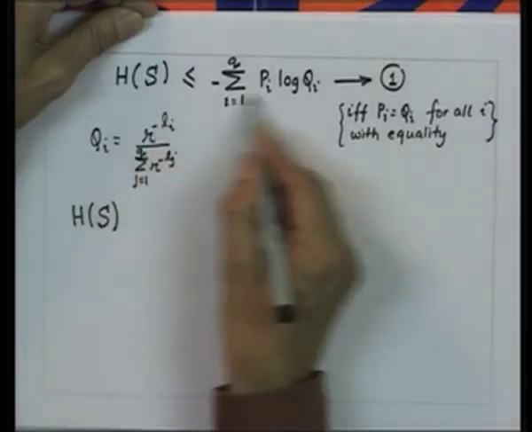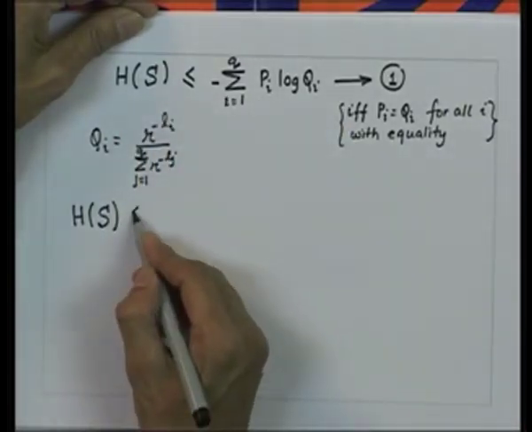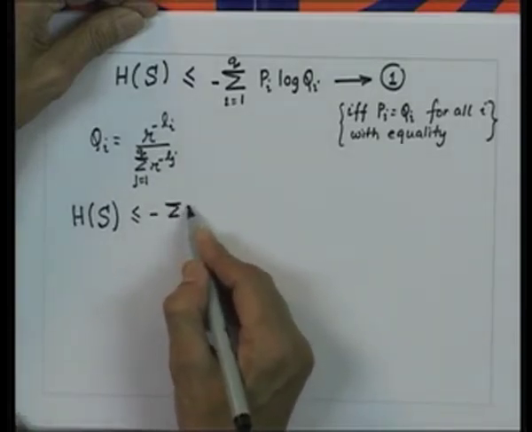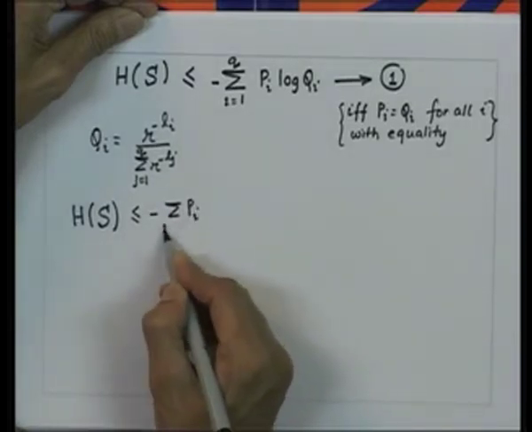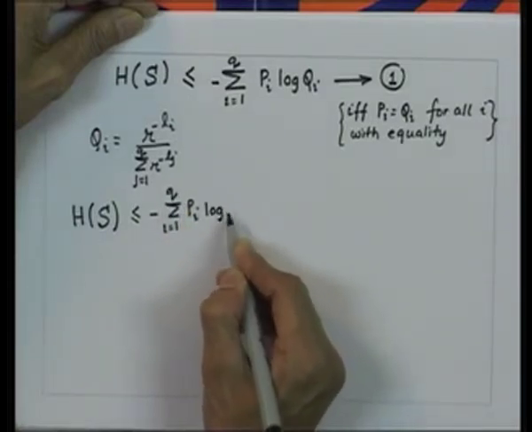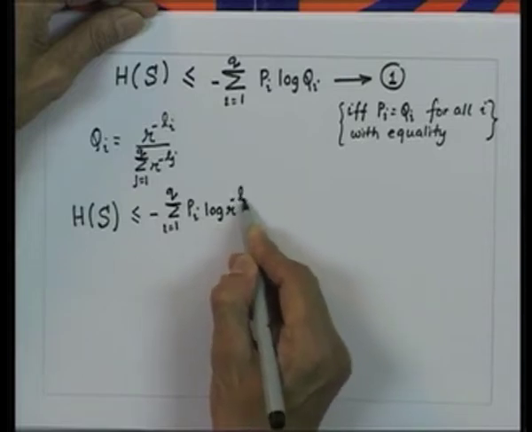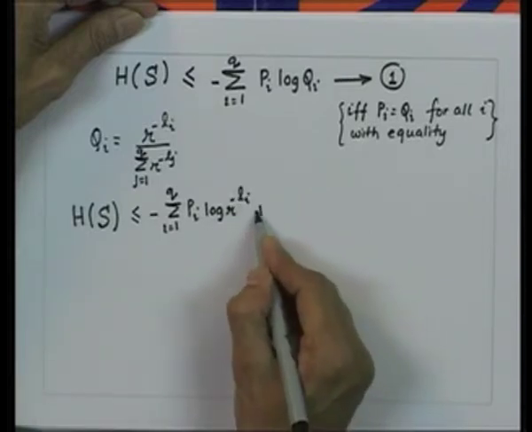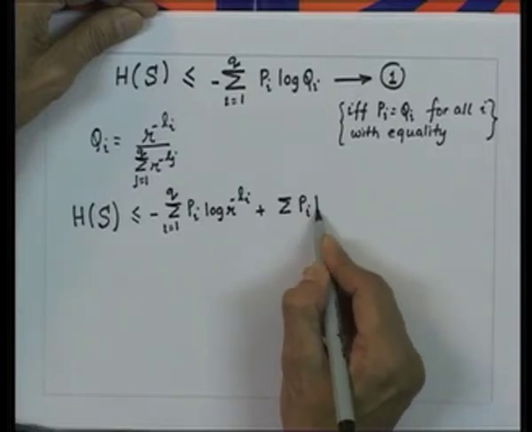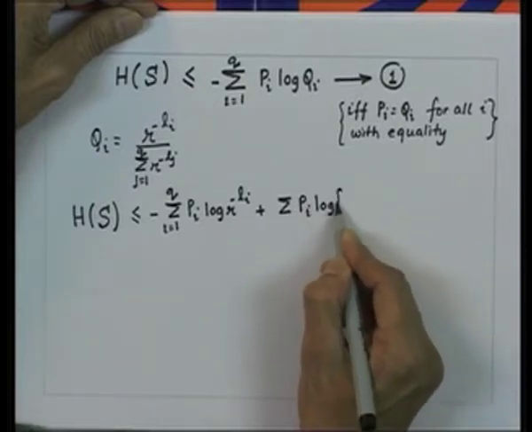H(S), from equation 1, is less than or equal to minus the summation of Pi log of r to the power minus Li divided by the sum, which gives log r plus Pi Li plus log of the summation.